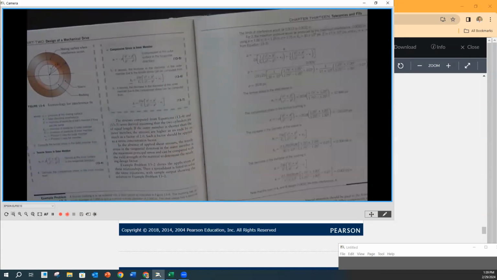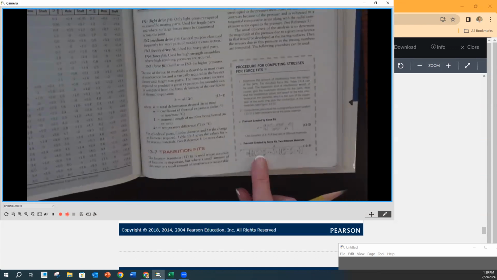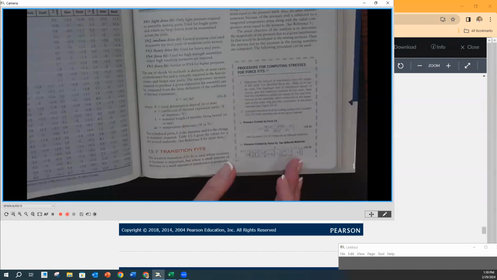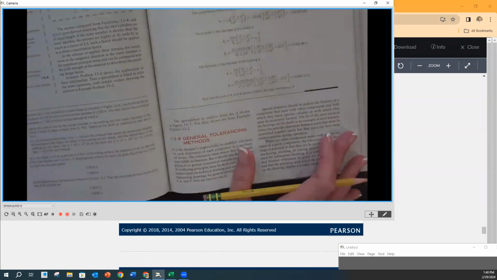So now some of these, and especially when we look at having two different materials, you can see that calculating the pressure here is kind of nice to have an Excel spreadsheet to do that. And we do. Okay, we will use our Excel spreadsheet to walk through a problem similar to this. Now, these aren't hard equations at all. So if you wanted to do it manually, you certainly can, but you don't have to.